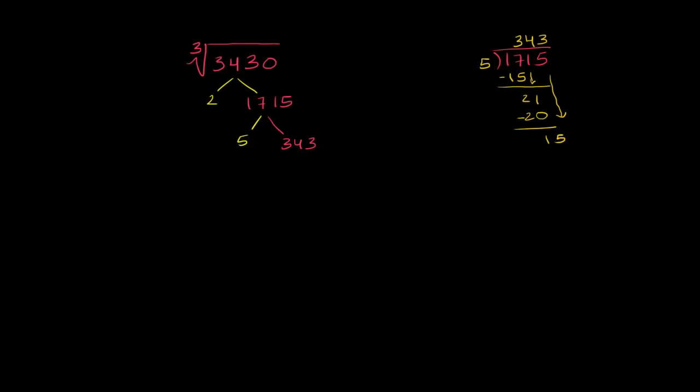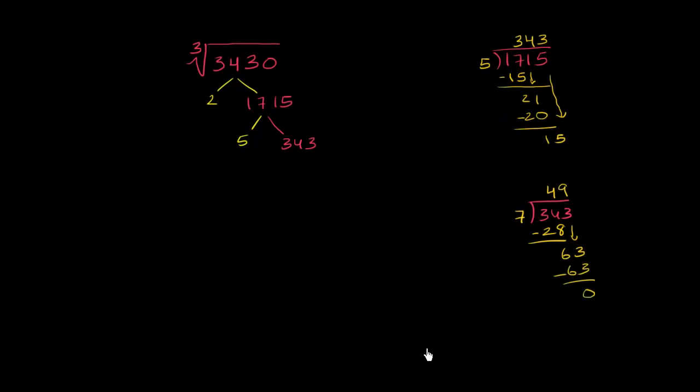So if I take 343, and if I want to divide it by 7, 7 goes into 30, doesn't go into 3. 7 goes into 34 4 times. 4 times 7 is 28. Subtract, 34 minus 28 is 6. Bring down a 3. 7 goes into 63 9 times. 9 times 7 is 63.